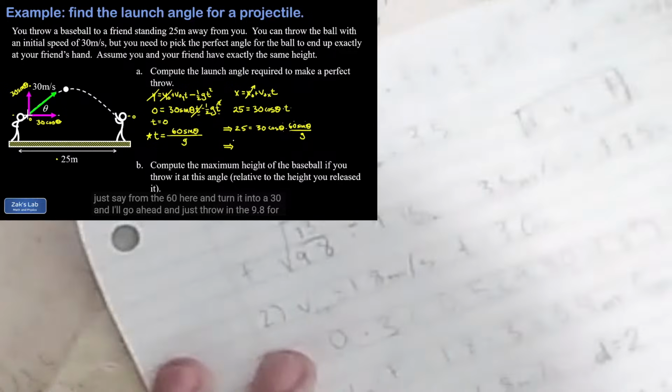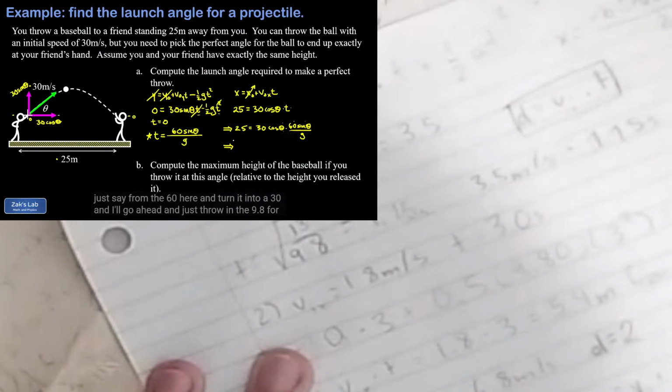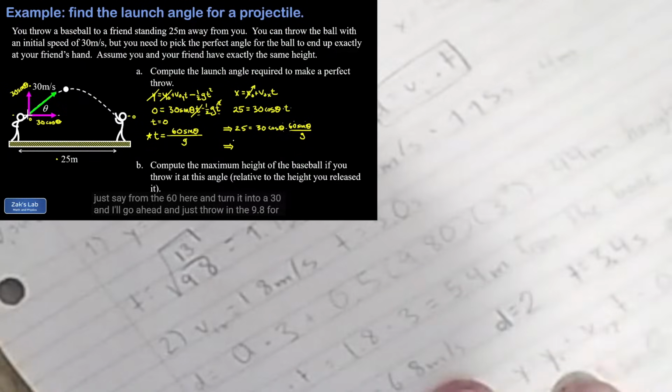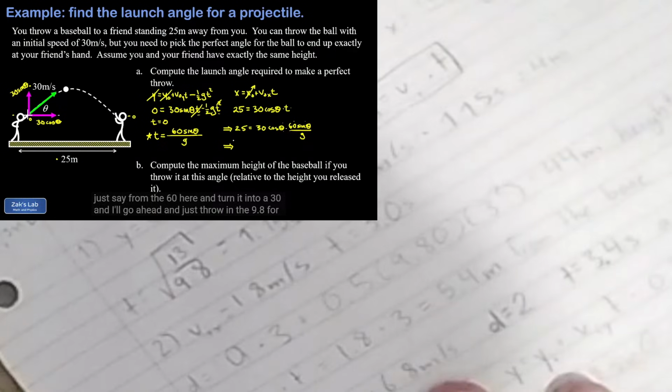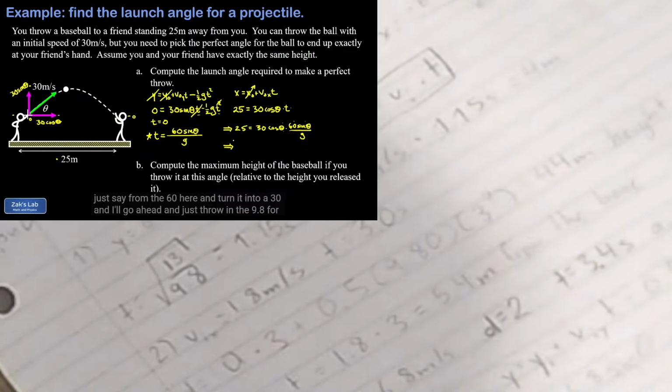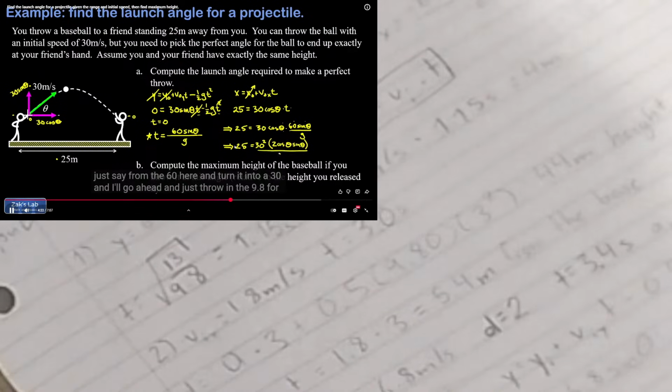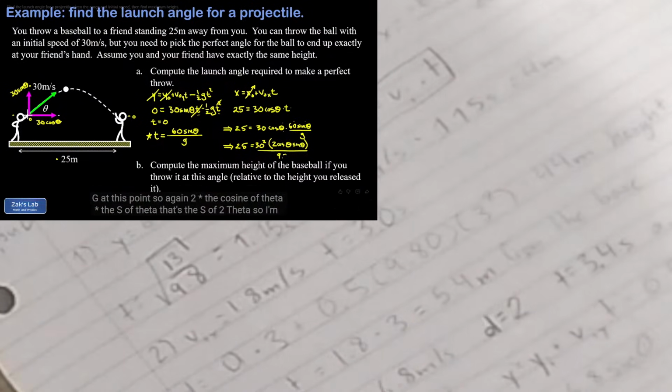Sine plus. What the fuck? And I'll go ahead and just throw in the 9.8 for G. So what does he do?